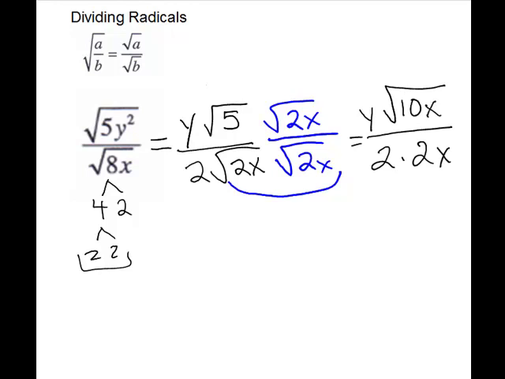And there's not any simplifying there. Those are primes, so they didn't have any squares in there. Right, and we will just multiply the denominator back together. So y times square root of 10x on the numerator. Denominator will give us 4x. There is nothing in common between the 4x and the y that's outside, and so this is simplified form.